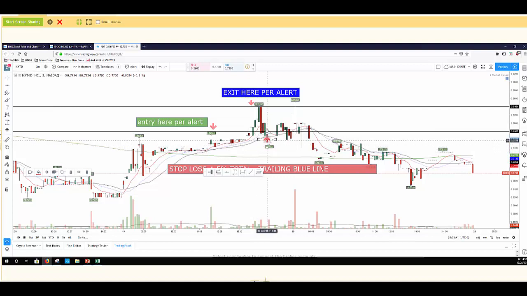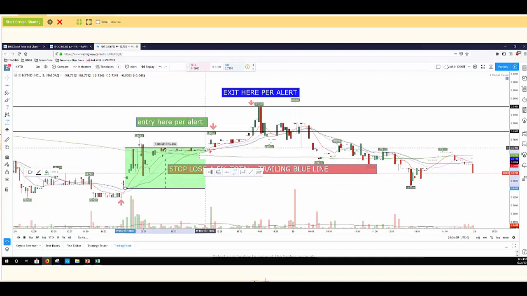So that blue line was hit over here, and actually it went further. So this perfectly trailed that blue line from the initial move here. And basically, if someone entered here, just riding the 3-minute chart, very simple. Let's say start here, and let's measure.